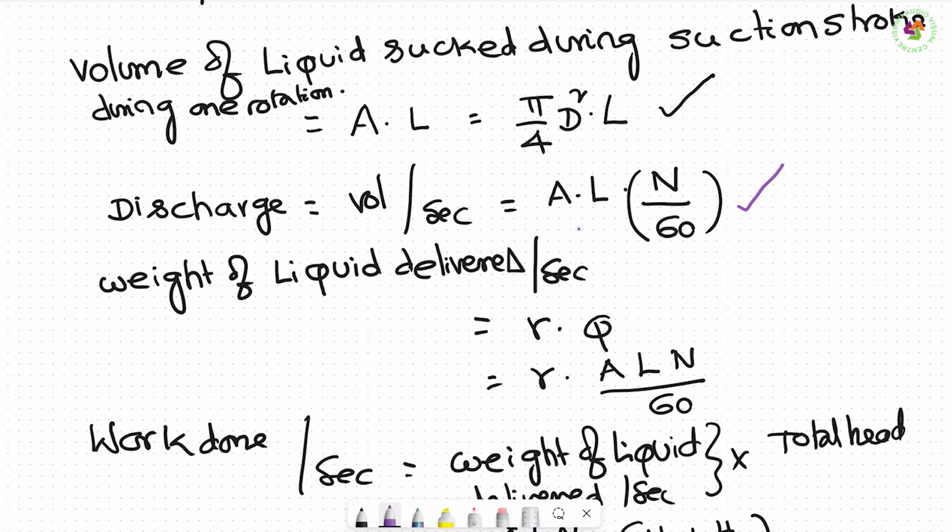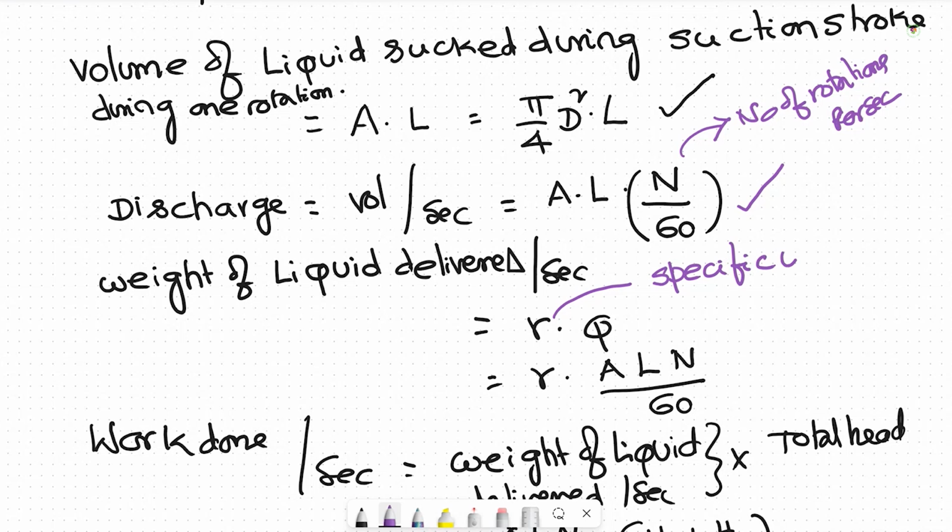That's what I have written: the volume into the number of rotations per second. This N by 60 is nothing but the number of rotations per second. Once the discharge is known, then weight is equal to gamma into Q, where gamma is nothing but the specific weight of liquid.